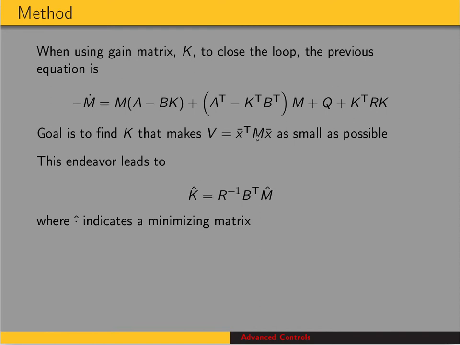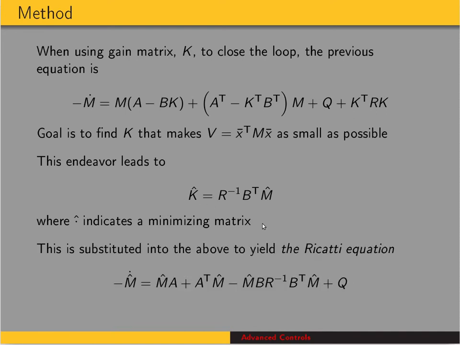So if we know the M hat that minimizes V, then we can calculate K hat. If we take this and substitute it into our differential equation, we end up with what's called the Riccati equation. We've got this first order differential equation that is a sum of linear terms and a quadratic term, and that is a Riccati equation, but in controls it's known as the Riccati equation.